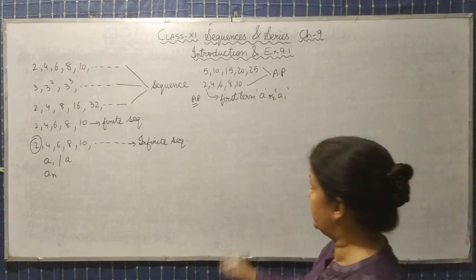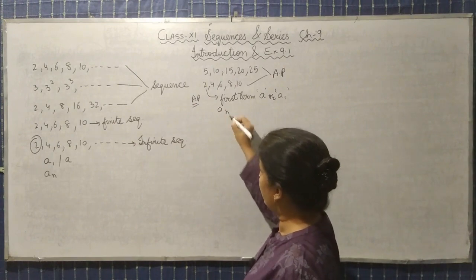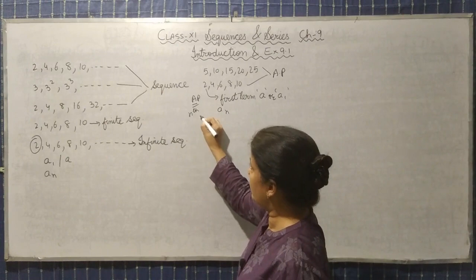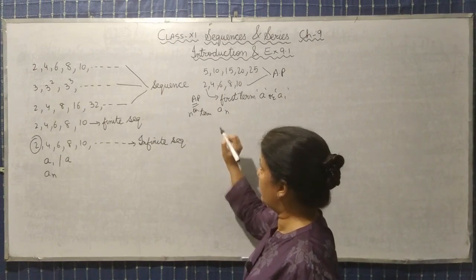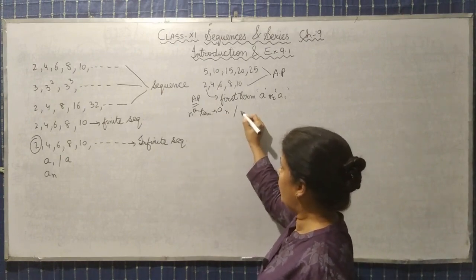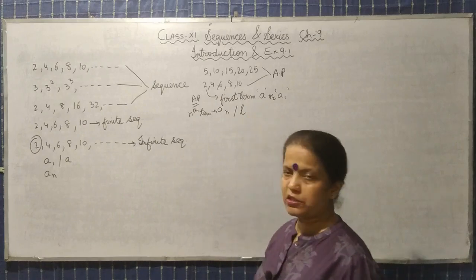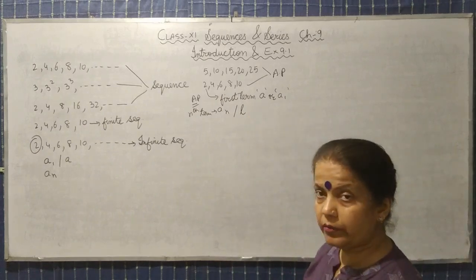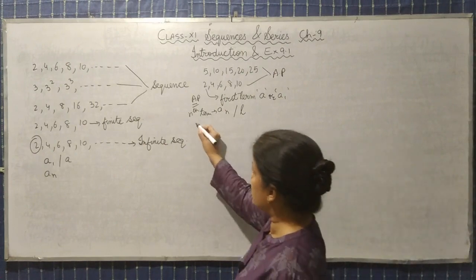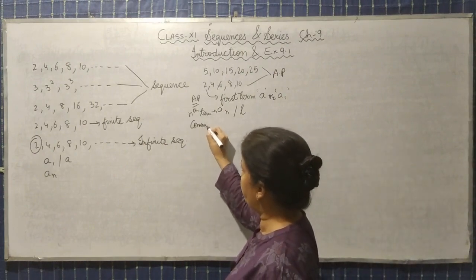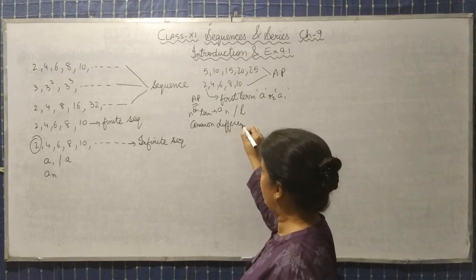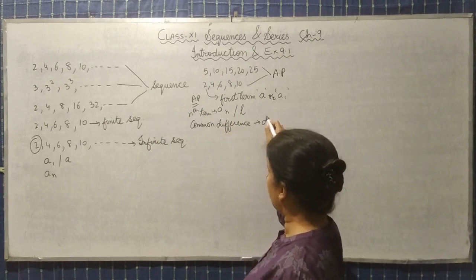And the nth term is represented by an, or the last term as L. And the common difference in AP is represented by small d.